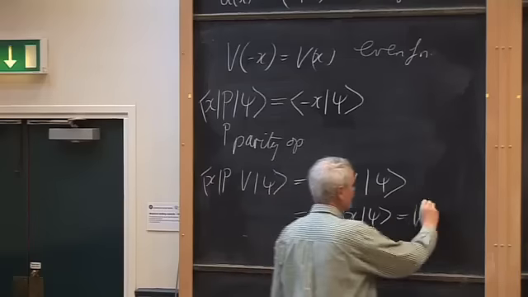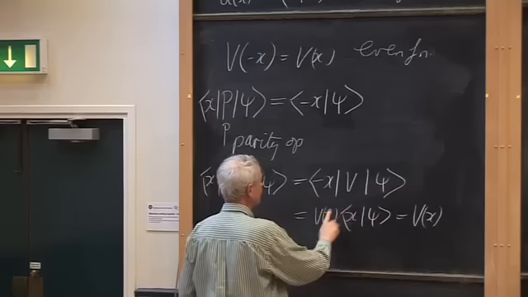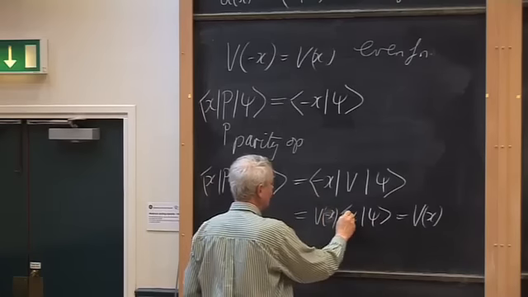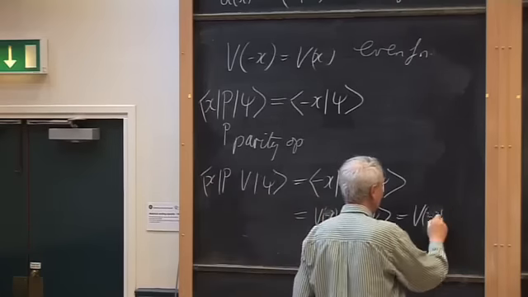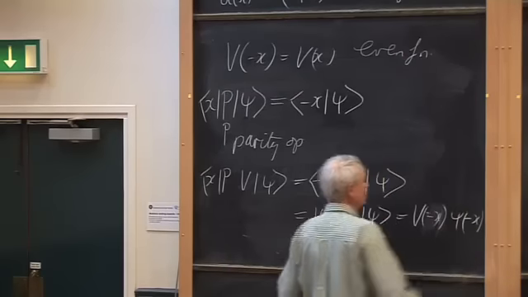Sorry, I need a minus x and a minus x. So it's going to be V of minus x times psi of minus x.